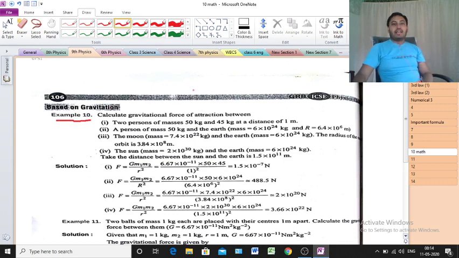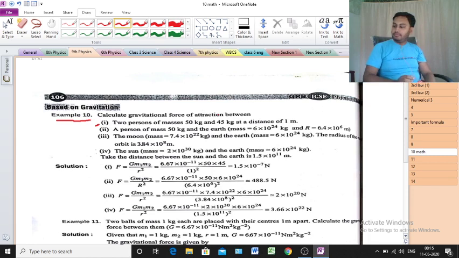Calculate the gravitational force of attraction between two persons of mass 50 kg and 45 kg. What is the distance between them?